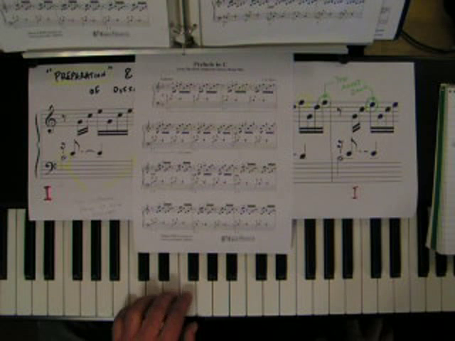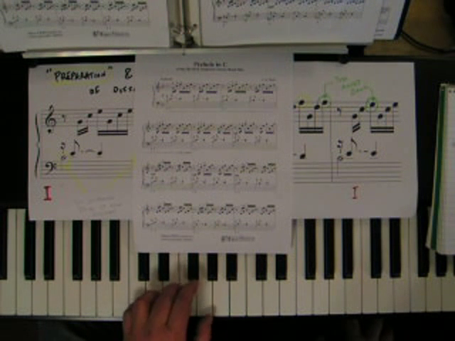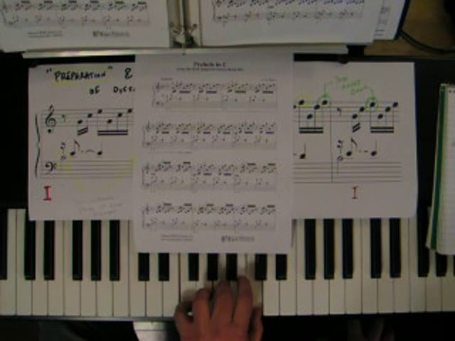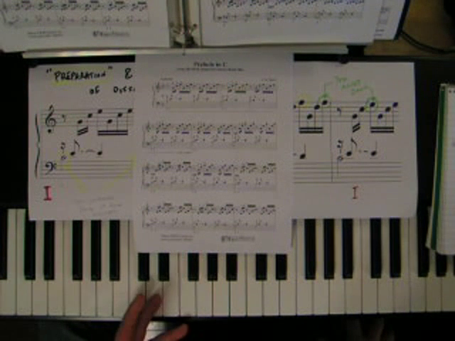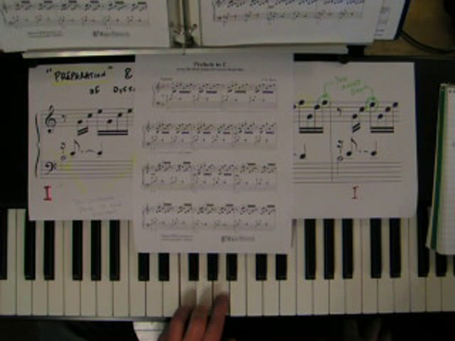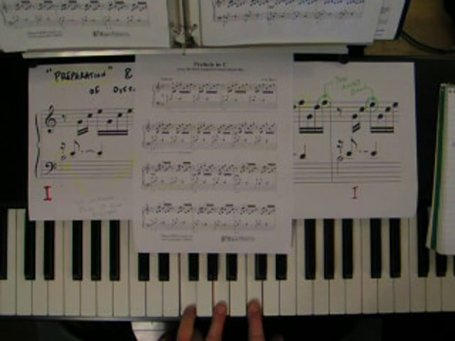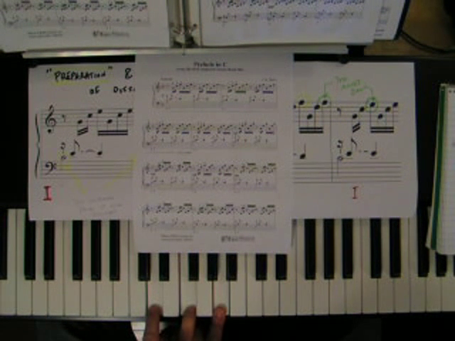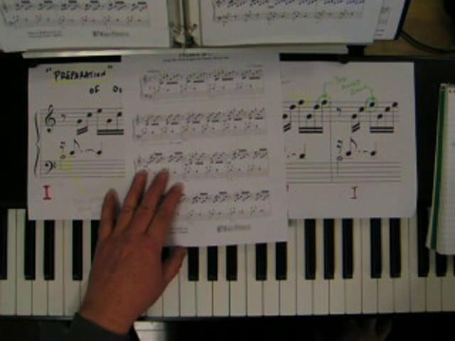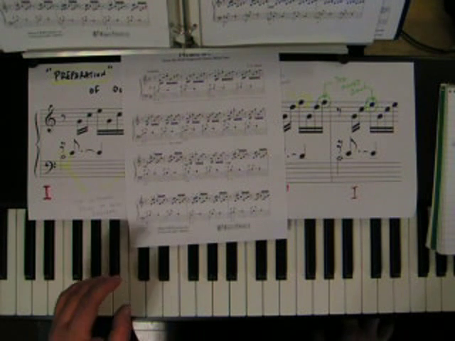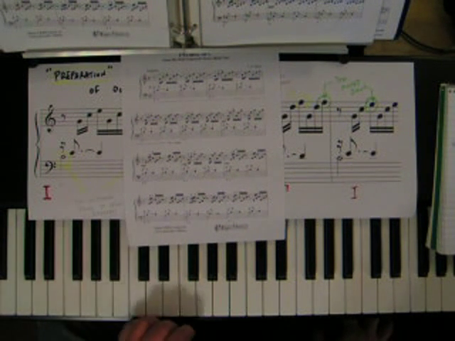I told you in the other video, if you play your 1, 4, and 5 chords, that's what makes the scale. Well, the 4 chord, F, A, C, is only one note off from the 2 chord. So the 2 chord and the 4 chord are used very interchangeably.